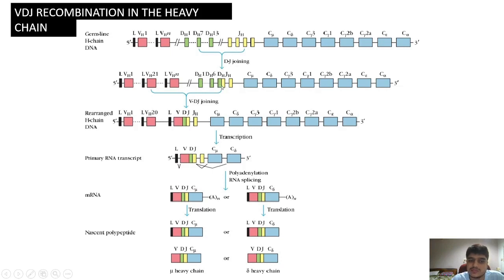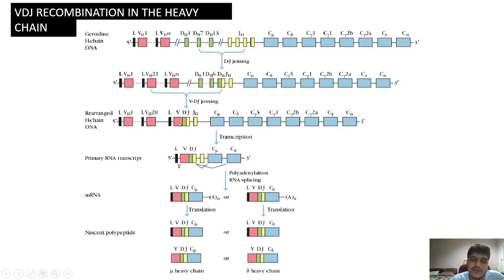And next, any one of these variable segments can combine with a DJ segment, along with the leader segment. Always remember the variable will be preceded by a leader segment.